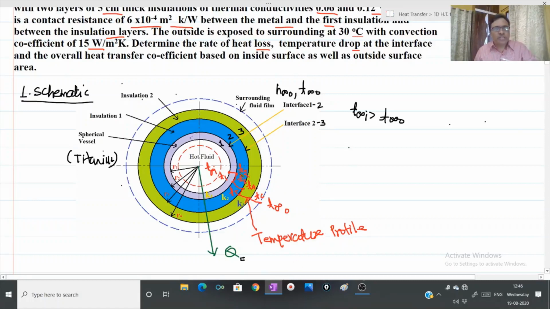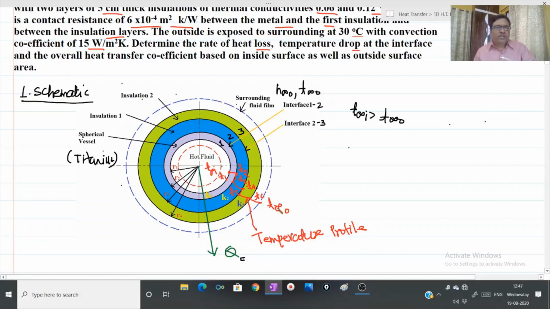When heat transfer takes place, temperature drop will take place from 1 to 2 at the interface because contact resistance is coming into picture, 2 to 3, then 3 to 4 in the insulation 1, 4 to 5 at the interface 2, 3, 5 to 6 in the insulation 2, and finally 6 to T infinity O in the fluid layer of surrounding.